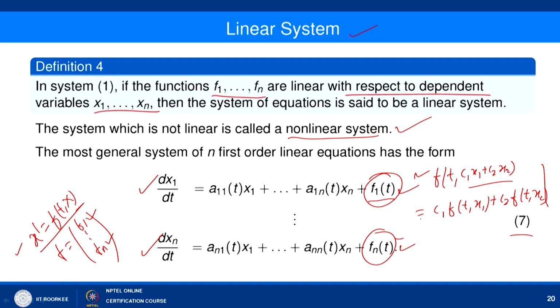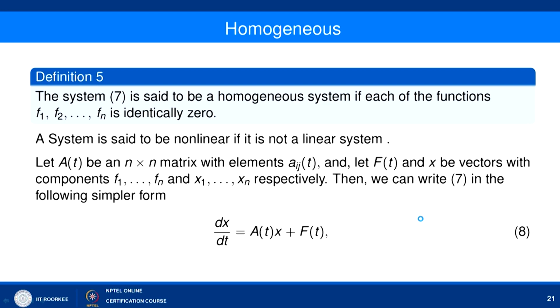If these functions are 0 for all t, then we call our linear system a homogeneous linear system, and a system is said to be non-homogeneous if it is not a homogeneous system. It means that if these functions f1 to fn are not identically 0, that is, there exists at least one function which is non-zero for at least a few values of t, then we call this system 7 a non-homogeneous system of differential equations.